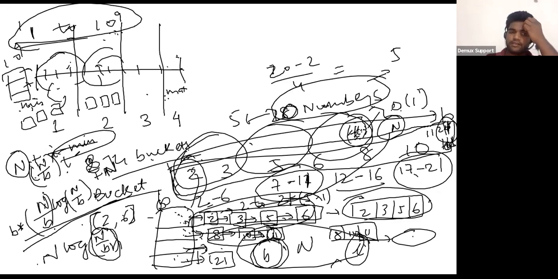So how much time will a comparison based algorithm take to sort a bucket? n by b log n by b, correct? And you have to do it for b buckets. So b times this is the running time. Bucket number is array I minus minimum by b. Yes, something like a floor or the ceil of that.